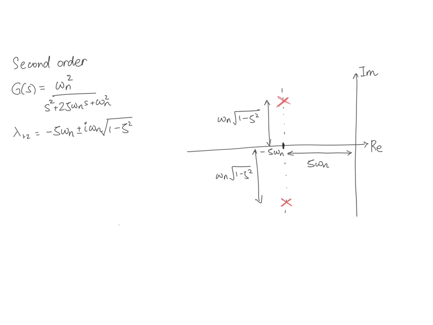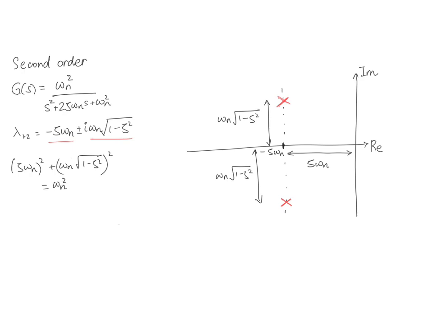Now let's note a couple of things about them. First of all, if I square the real and imaginary parts and add them up, I get omega n squared.